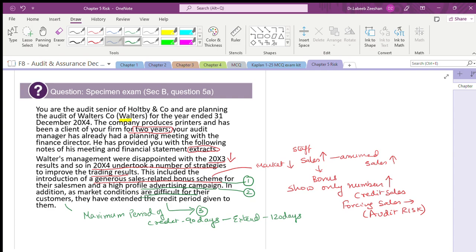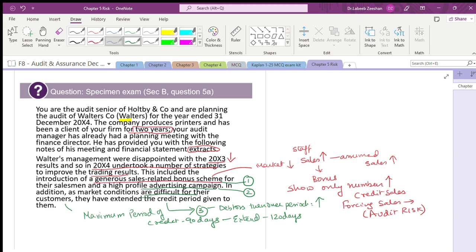What are the implications? What will happen? The debtors turnover period will increase. People will delay payment. Previously we used to get payment in 90 days. Now you are going to get it in 120 days.